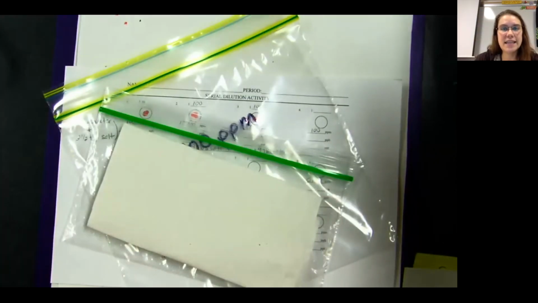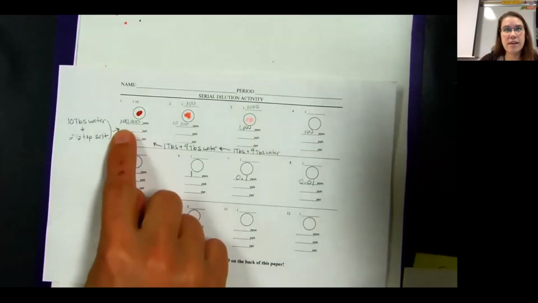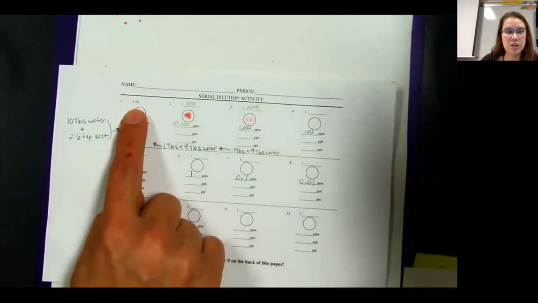We're also going to need to make some different solutions. We're going to need to make solutions for each of these little baggies. If you remember, we learned that 100,000 parts per million is the same as a 1-to-10 ratio.